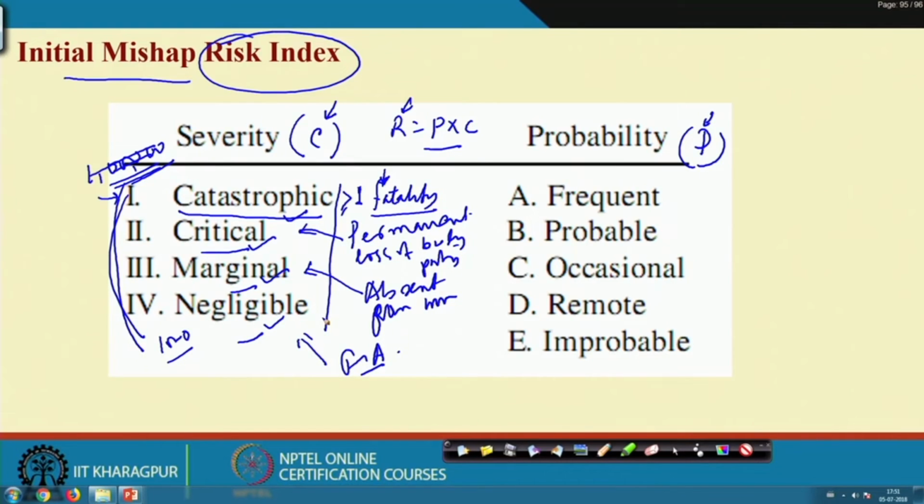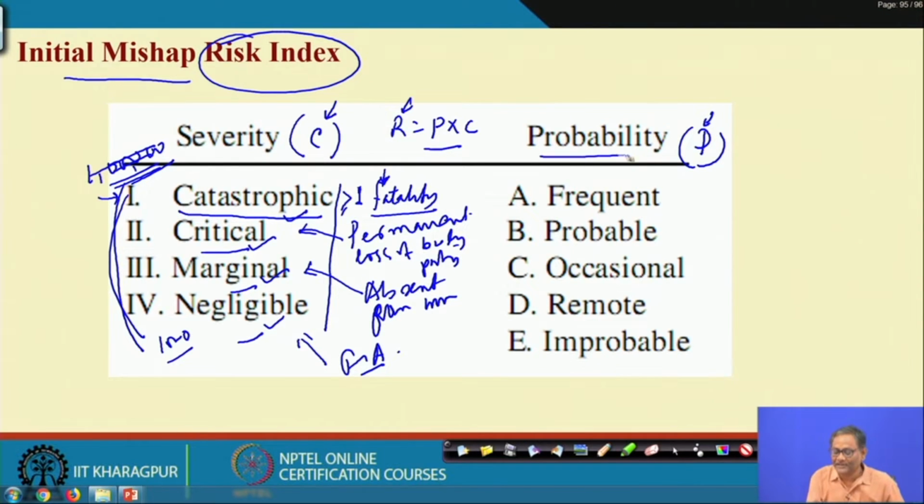Usually severity in terms of human safety is considered. So, that means this is a 4-point scale for severity. Similarly, probability can be quantitative, can be qualitative. Qualitative means frequent: suppose the work has been done 100 times, and 10 times that incident occurs. So, that is frequent.